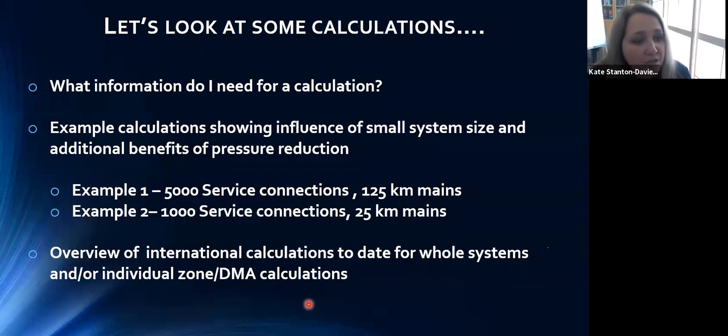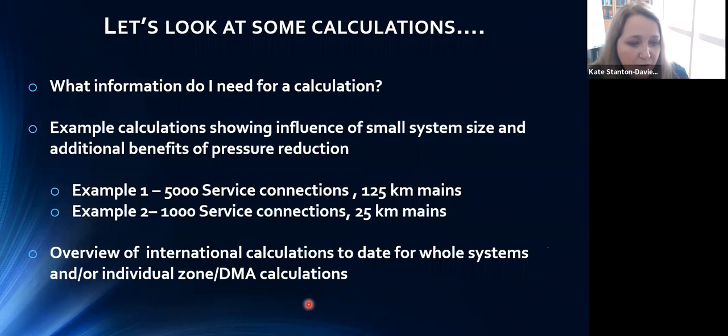Then we're going to look at 2 example calculations. So example 1 is going to be a 5,000 service connection system, 125 kilometer mains, varying combinations of pipe materials across the mains and the services, and operating at 35 meters pressure. What we'll then do is we'll scale that example right down by a 5th.